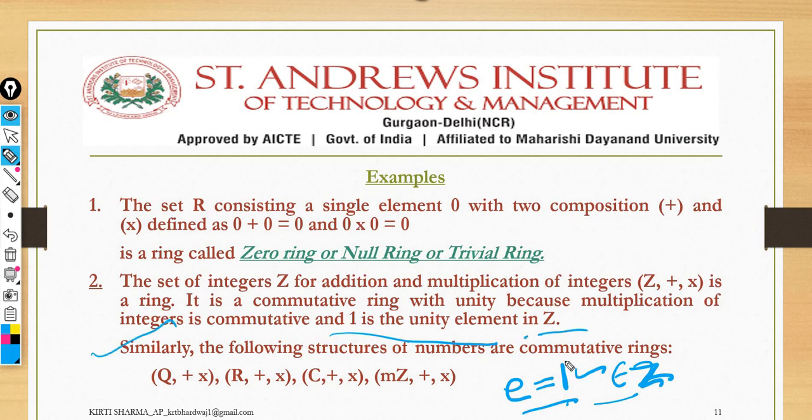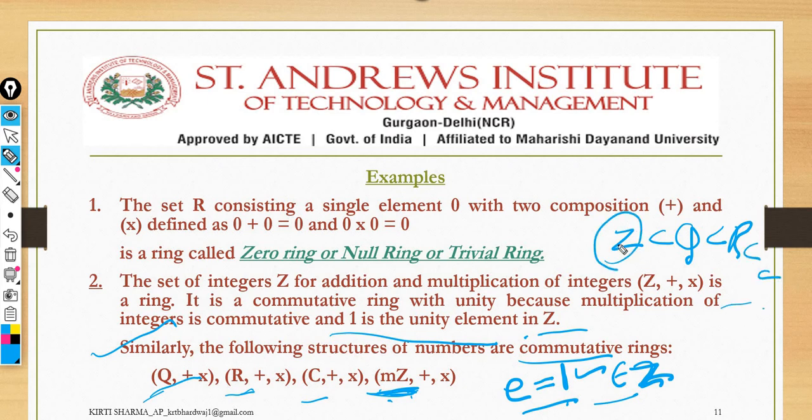Similar to that, we have some commutative ring examples here: Q, the rational numbers, R, the real numbers, complex numbers, and this one is the modulo M operation. I hope all of you are aware of this. I've already mentioned that Z, the set of integers, is a subset of the rational numbers, which is a subset of the real numbers and complex numbers and so on.